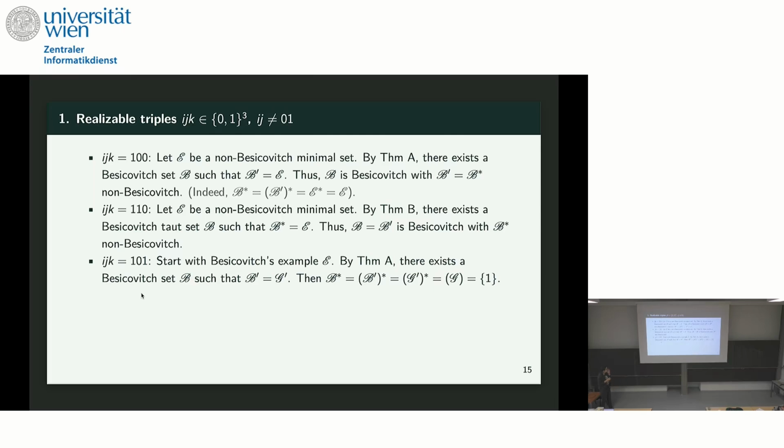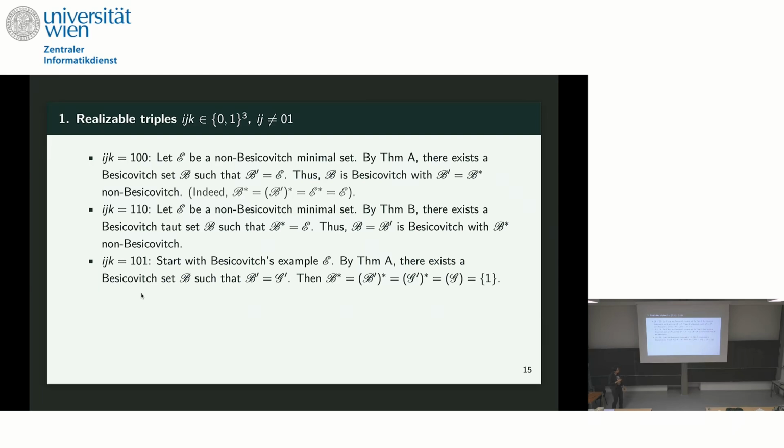And the last one here, so we want this middle one to fail to have natural density. So we start with the Besicovitch example E again. And theorem A tells us that there exists a Besicovitch set B such that B prime is equal to G prime. I guess it should be G in here. And then again, you can look at these things and check, okay, B star is the same as B prime star.